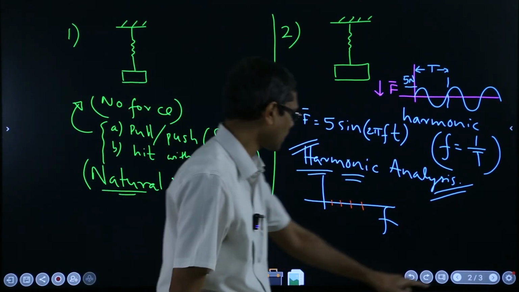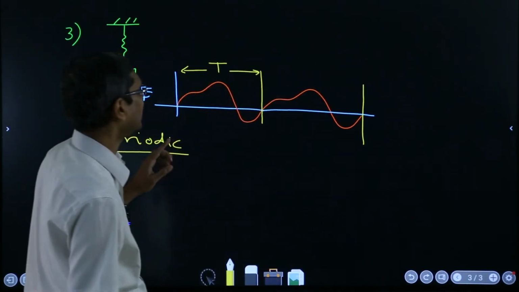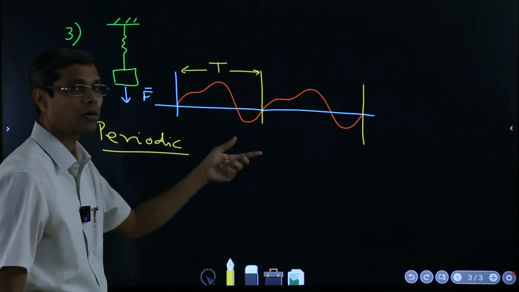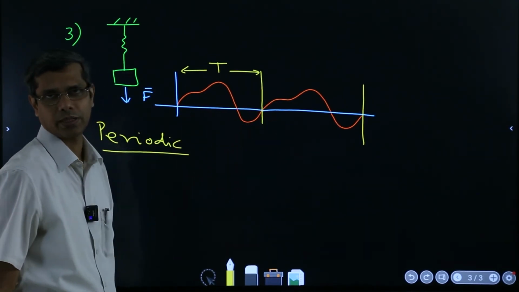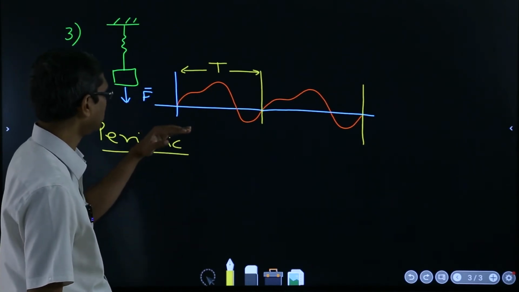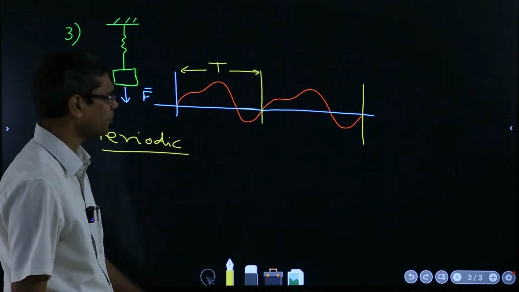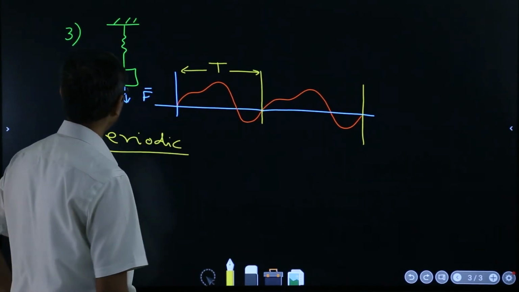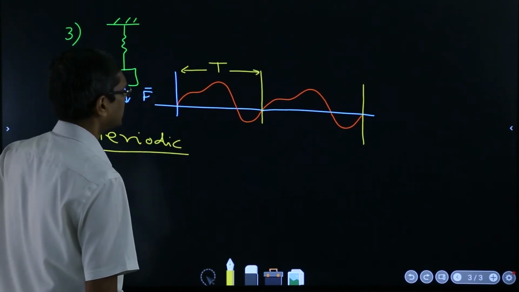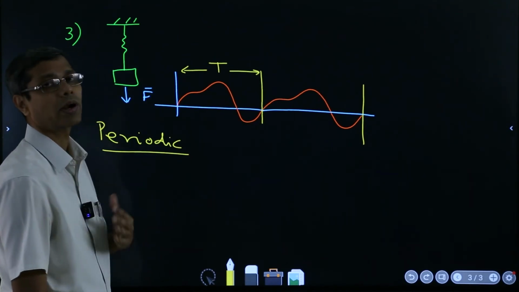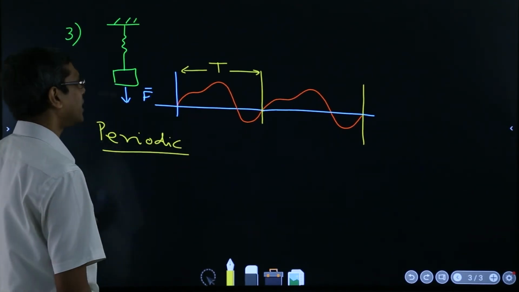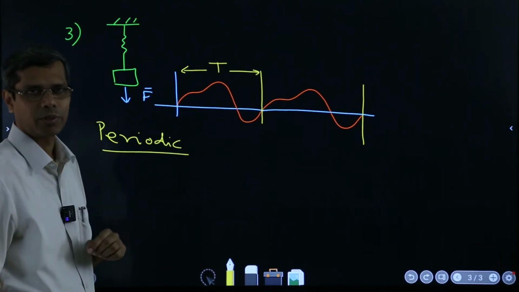But here it's a random shape which is repeating. So that means it's a periodic one, but not harmonic. All harmonics are periodic, but not all periodics are harmonic. Now, if I apply such a force, then what happens? How to analyze that? That's the next level of analysis which we generally perform.